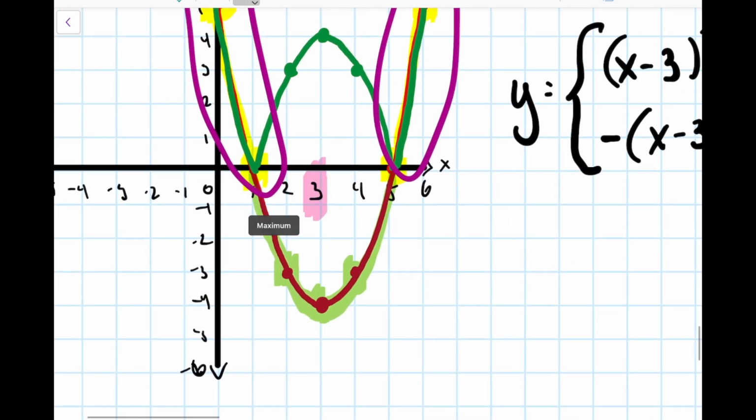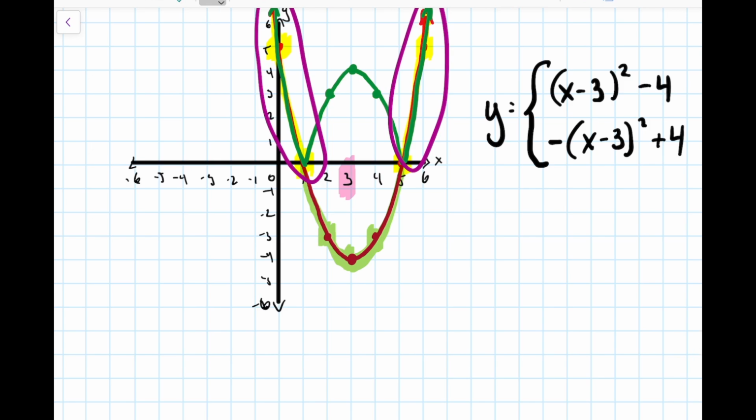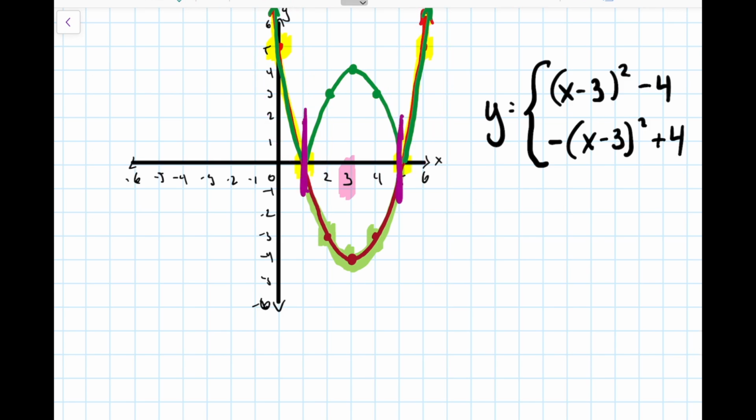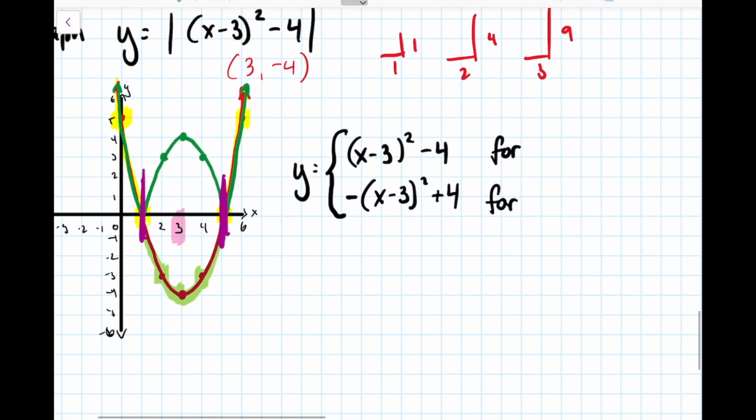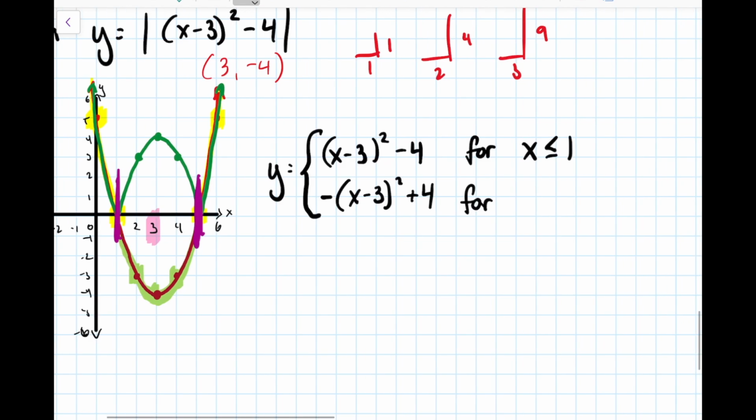So we have one part that happens if our dividing values are at 1 and 5. The left unflipped part of the graph happens when x is smaller than 1, right? So it's everything on the left. The right unflipped part happens when x is bigger than 5. It's the right part of the graph. So that's me describing the ranges for this part over here and this part over here.